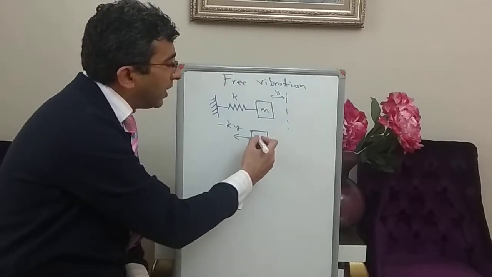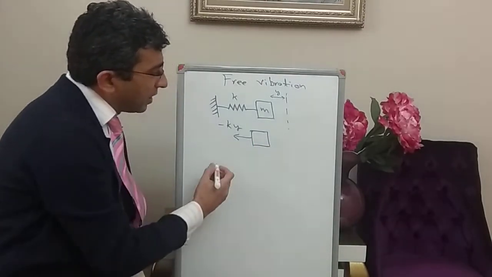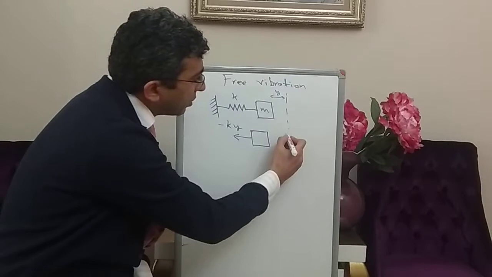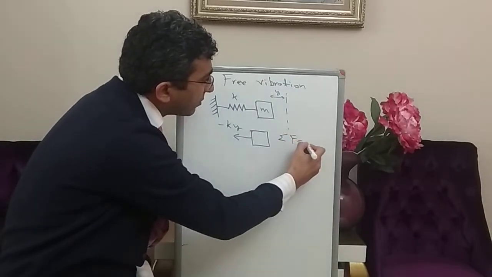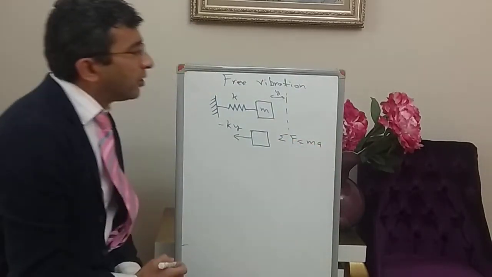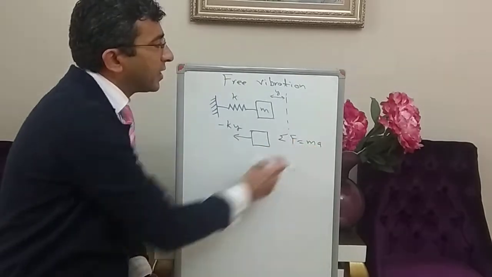Okay, so if you apply Newton's second law, the summation of all the forces acting on the system is equal to Ma, and you know that there is a relation between the acceleration and displacement.